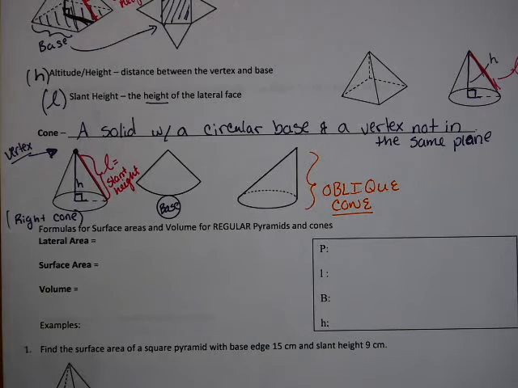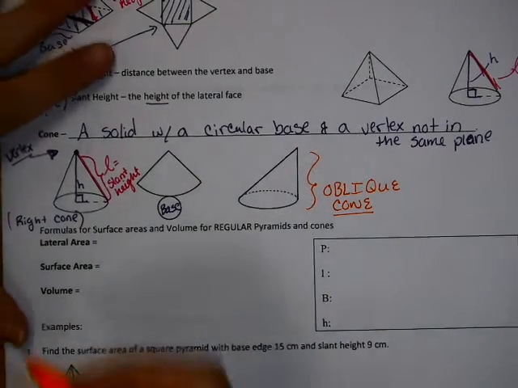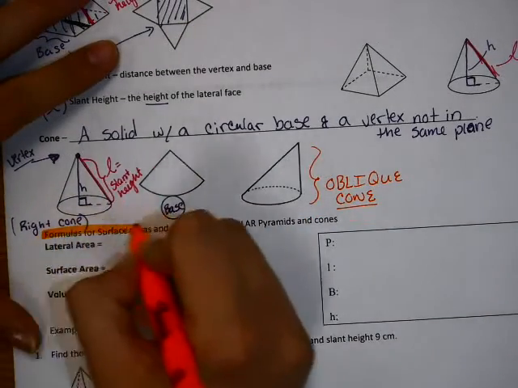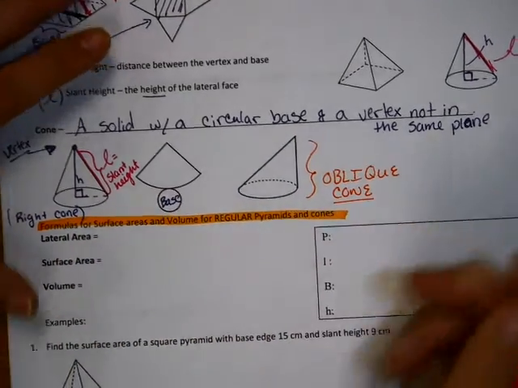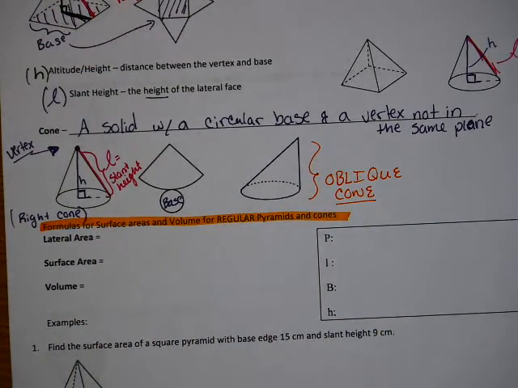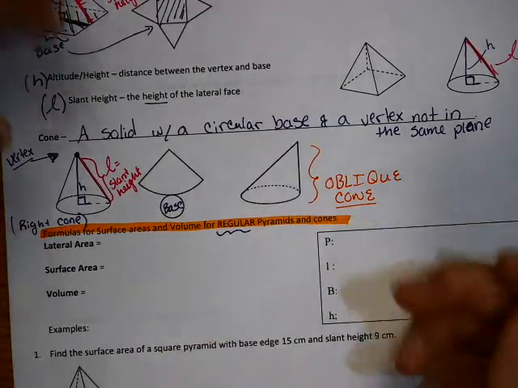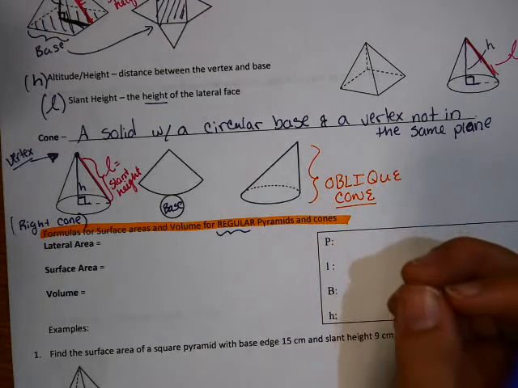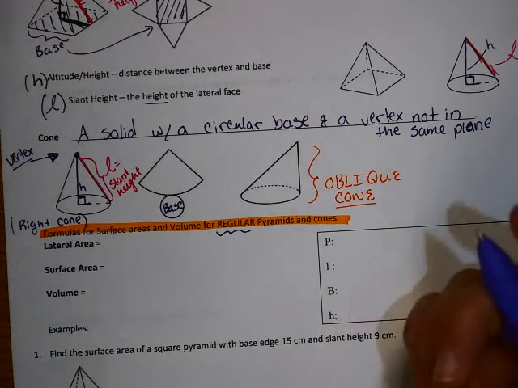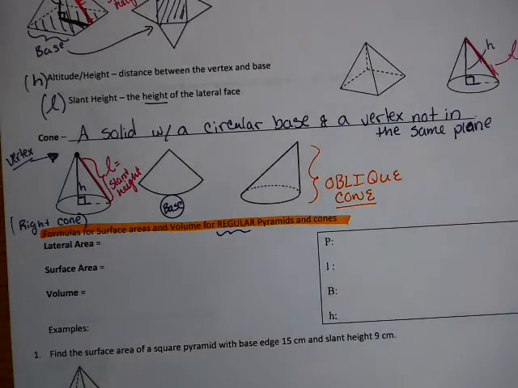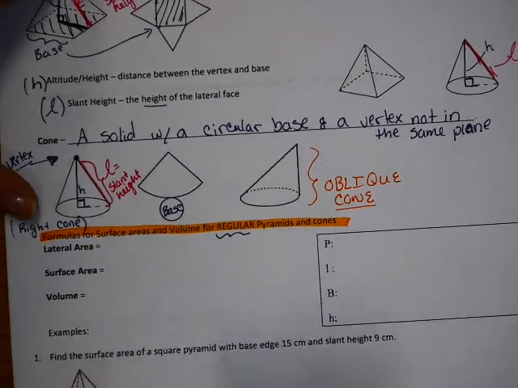Okay, so just like we did in 12.2 and 12.4, we're going to use formulas. These are ones you need to memorize. All right, and these are all for regular pyramids and cones. So that means the regular would be the bases. The base of the pyramid is a regular shape, so square, triangle, all would have congruent sides and angles.